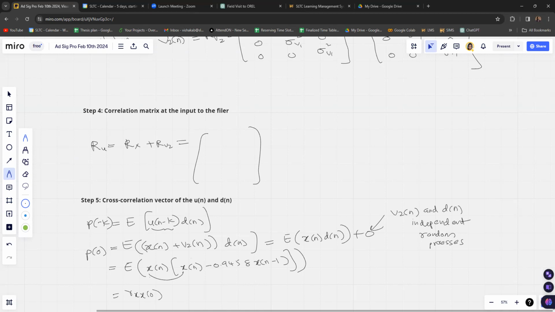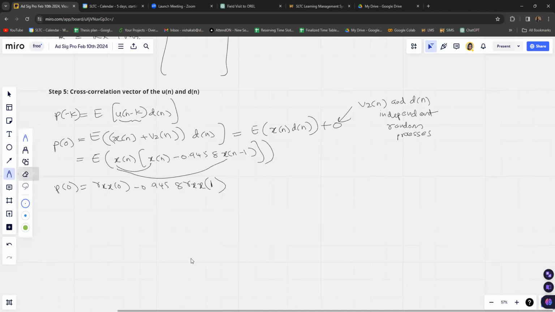Then we get the product between xn and xn minus 1, with the constant 0.9458 remaining, which is the autocorrelation with time lag of 1. So this is the P naught value. Since we know the rxx0 and rxx1 values, we can substitute them in here and find P naught.